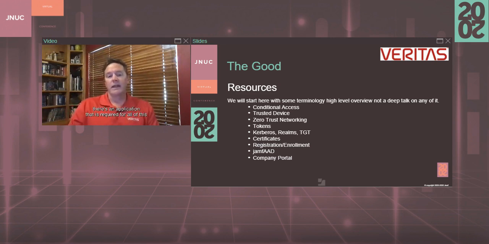Last but not least, there's an application required for all of this called the Company Portal. It's part of the registration process into Intune as well, and it lets users check the status of their computer so that if it has a not compliant state, they can look there to see what might need to be fixed.